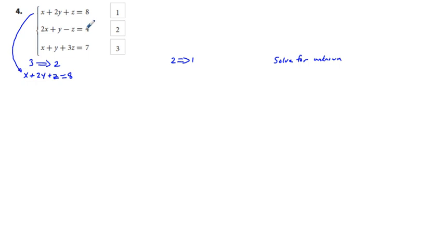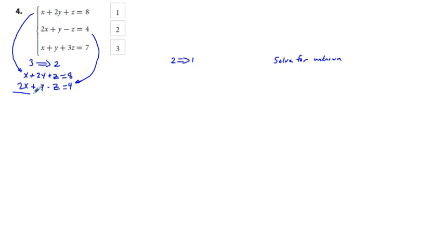And next we're going to take the equation immediately underneath, this one right here, and put it right underneath this other one. And to do that, we put 2x plus y minus z is equal to 4.